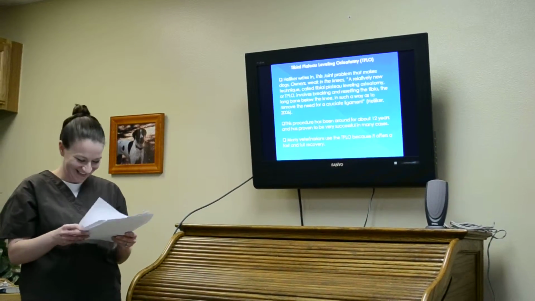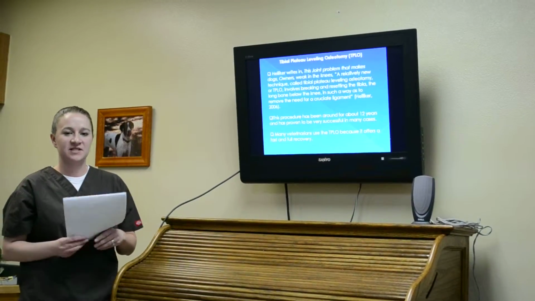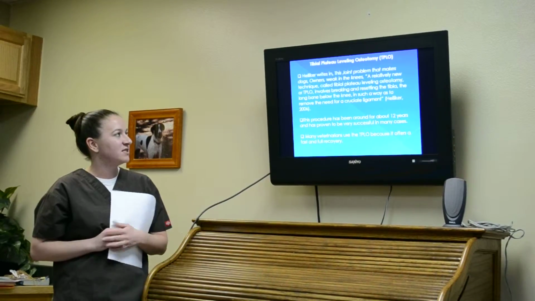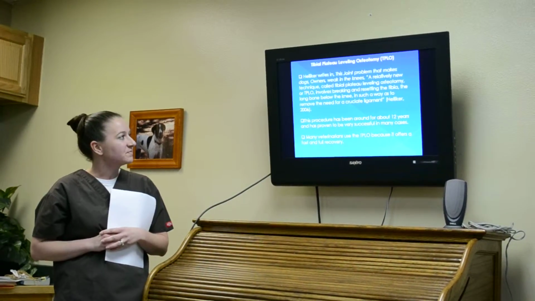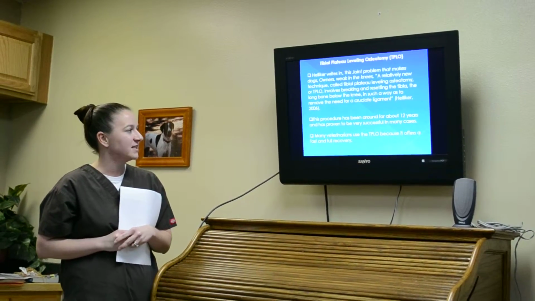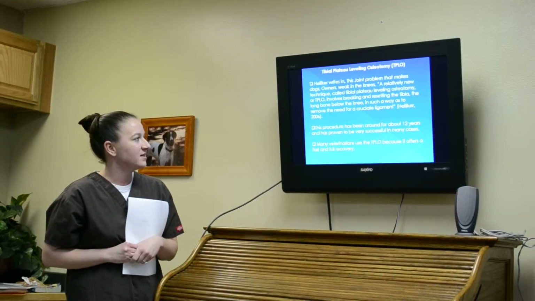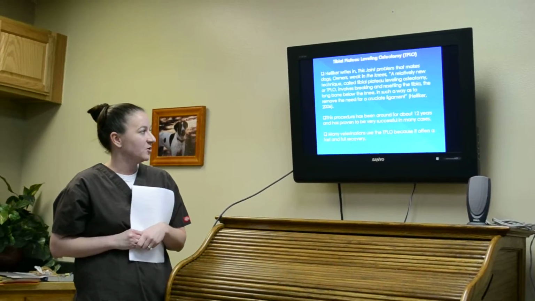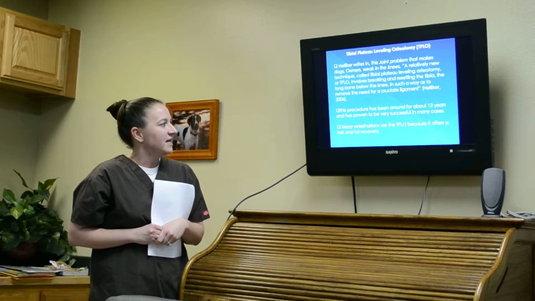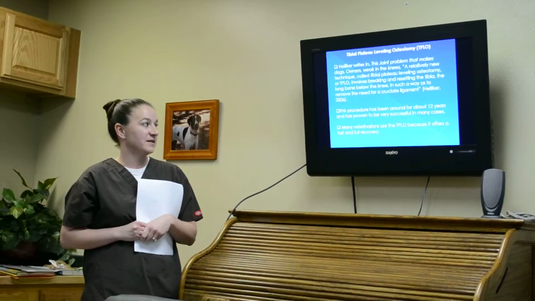That's great. So the next thing that we need to talk about is the different procedures that are offered to repair these ruptures. First would be the tibial plateau leveling osteotomy. Hilliker writes in "Joint Problem That Makes Dogs' Owners Weak in the Knees": a relatively new technique called the tibial plateau leveling osteotomy, or TPLO, involves breaking and resetting the tibia, the long bone below the knee, in such a way as to remove the need for a cruciate ligament.